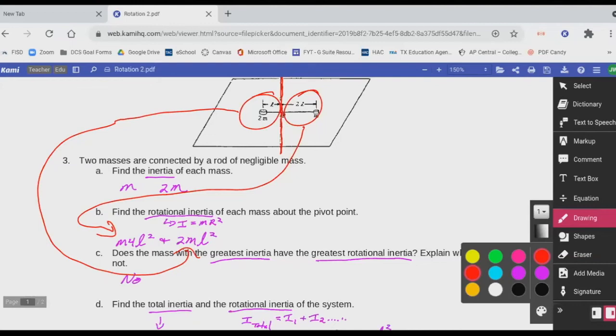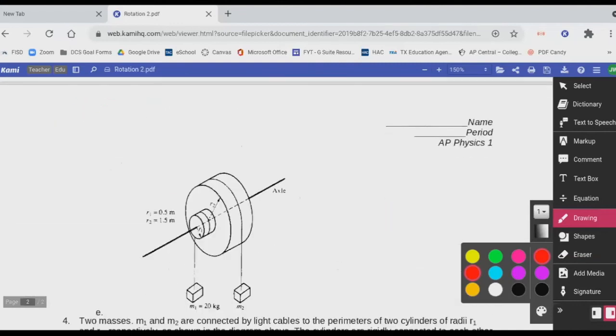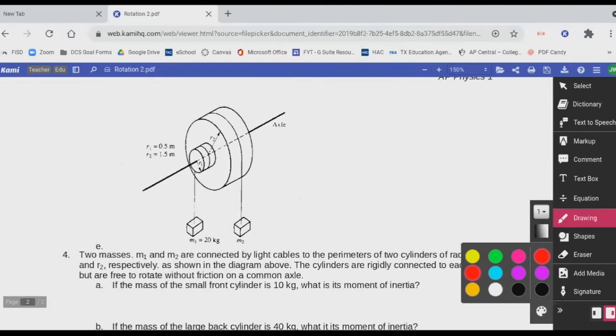All right, so let's go to page 2, which is the back side of this one. Now we've got a picture. Here we have two cylinders. The bigger cylinder has a thread wrapped around it, and from that thread is dangling M2. So here's M2 down here at the bottom, hanging off of a thread on the front side of the big cylinder.